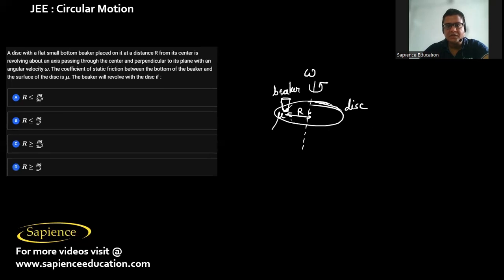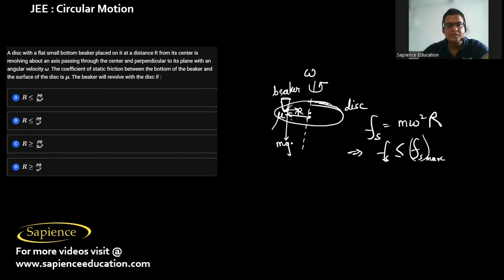the static friction will provide the necessary centripetal force that is equal to m omega square r, and the static friction should be less than or equal to the maximum static friction, which is equal to mu mg.